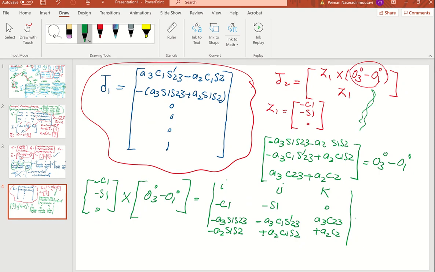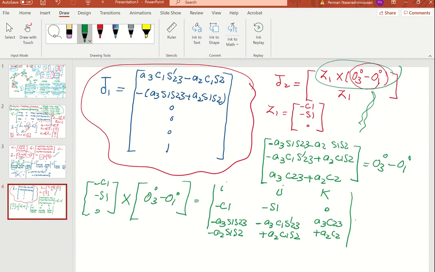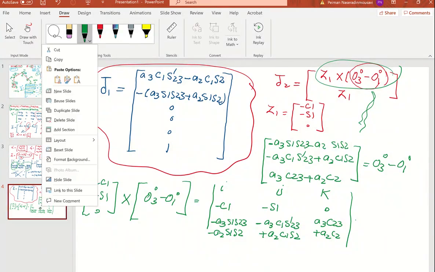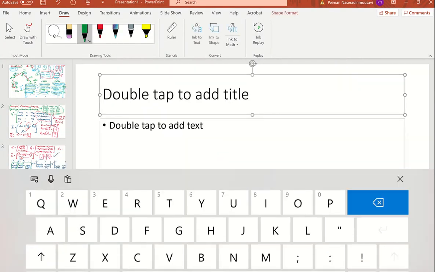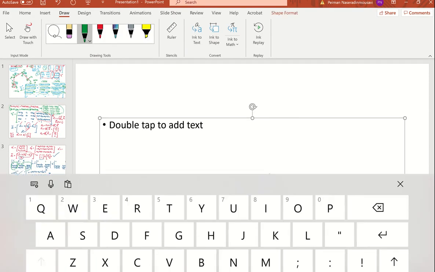Okay, so the result of this is going to be this. I'm going to write it in the next page. So I double checked everything.